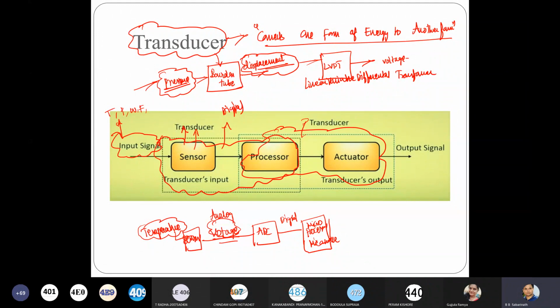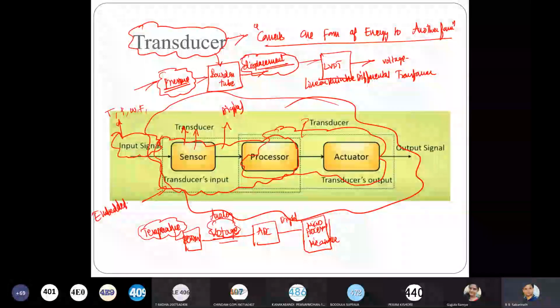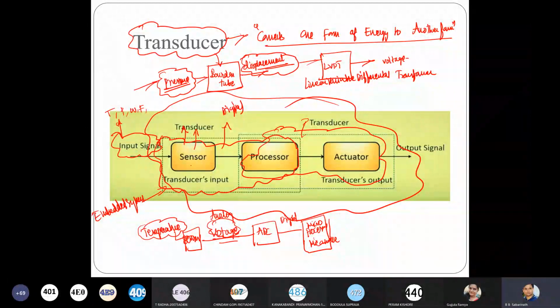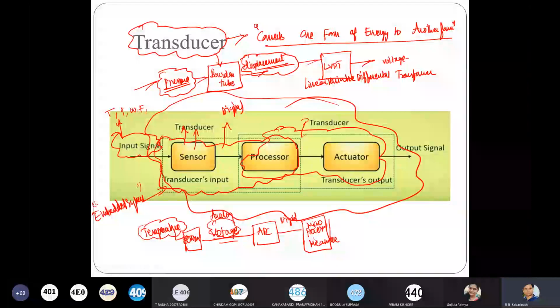Basically this entire thing I call an embedded system, where I have a processor, a sensor and an actuator. All these things together are called an embedded system. That's why in IoT we talk about embedded systems.